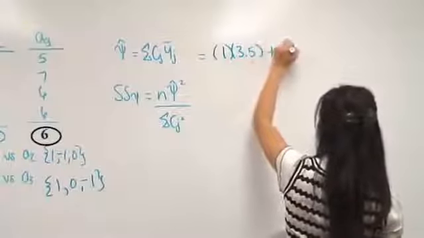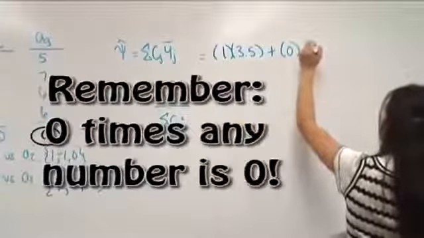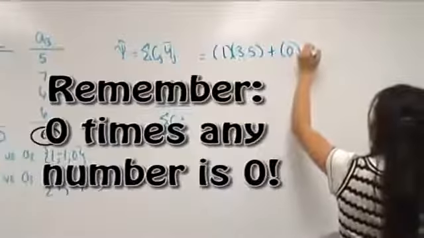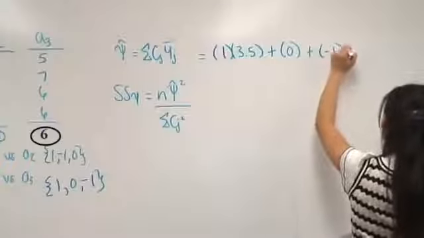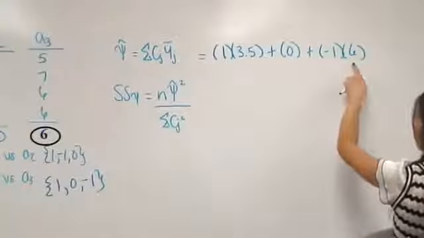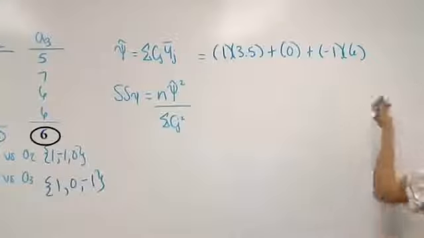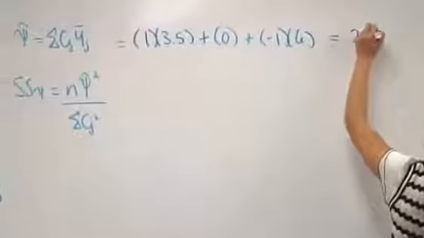I could leave out group 2 because my coefficient there is 0. Then my coefficient for A3 is -1, and my mean for A3 is 6. When I calculate that out, I'm going to get 2.5 minus 6.